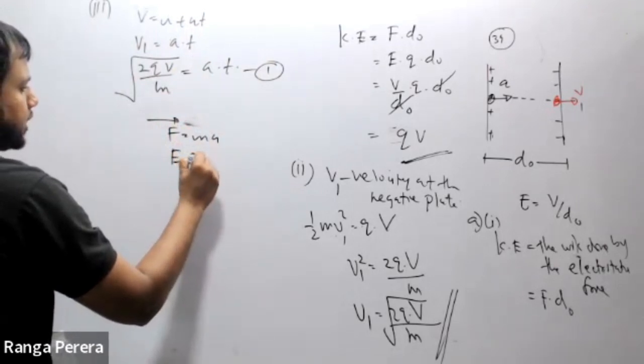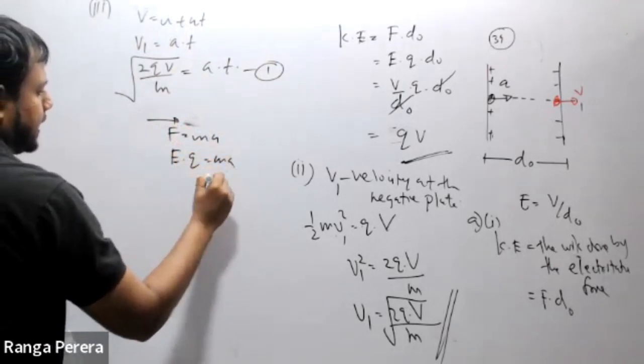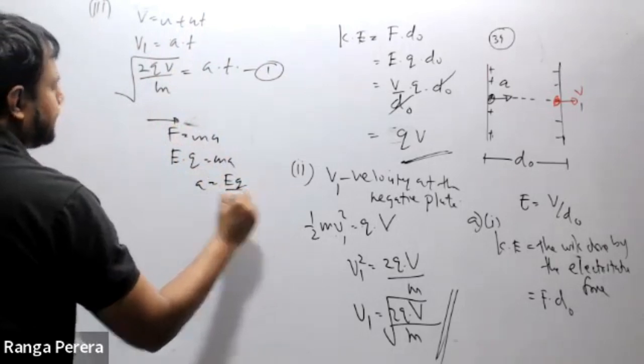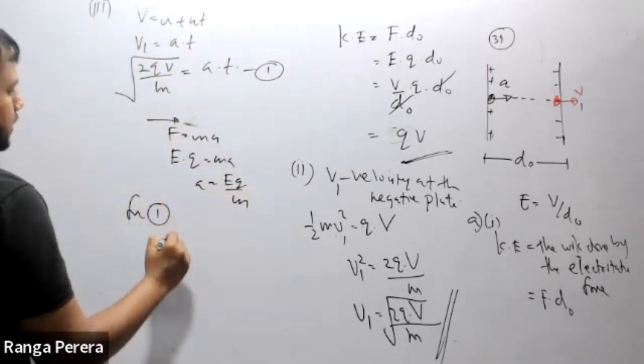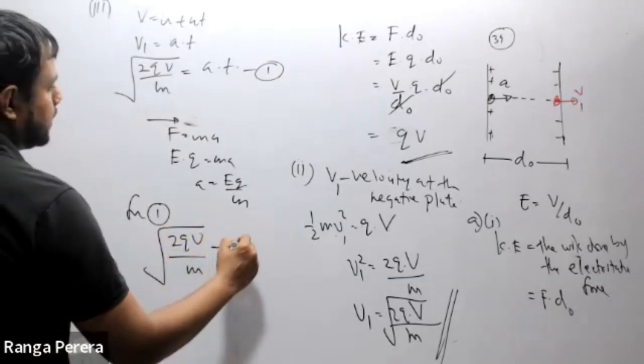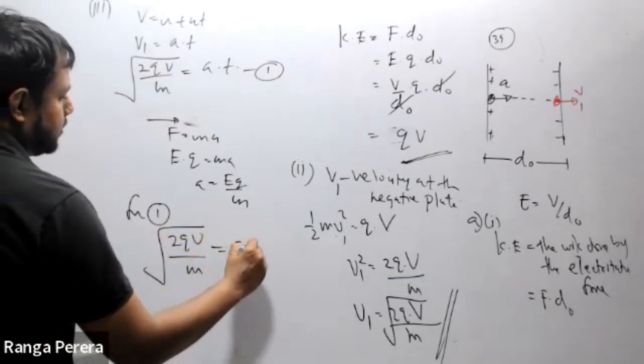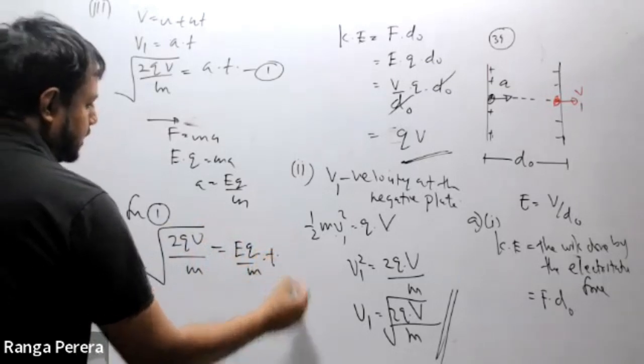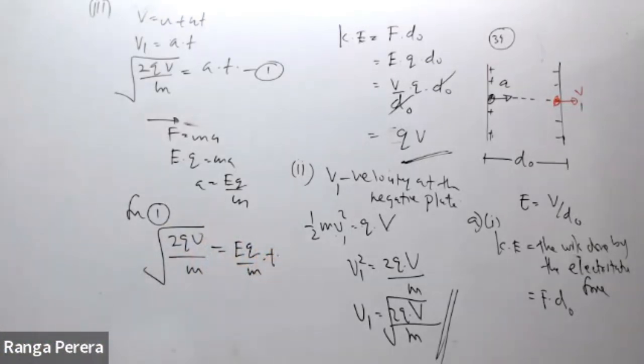E into q equals ma, so a equals Eq divided by m, from number 1. So 2qV divided by m, square root, equals acceleration Eq divided by m into t. Now you can simplify this.